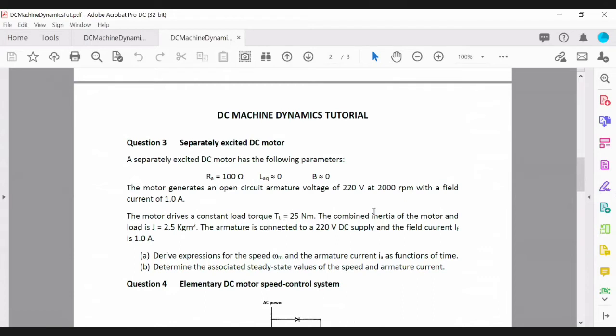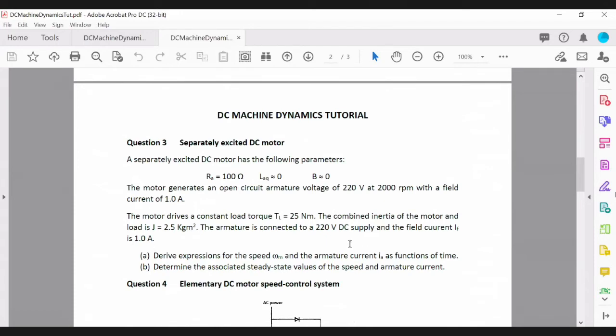And what is the combined inertia of the motor and load, and what is the armature DC voltage supply. So that's 220 volt, and the field current is also 1 amp, right?